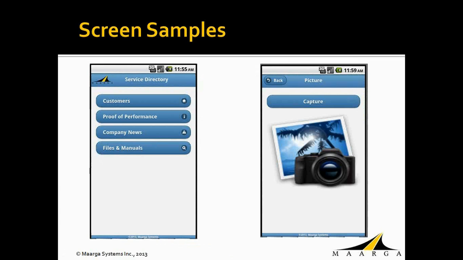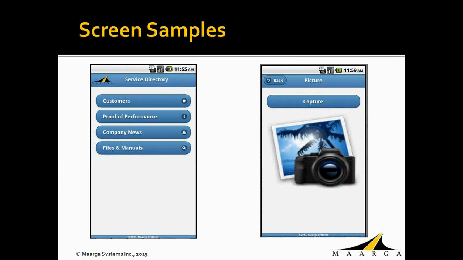Okay. The other thing that we would like the service engineer to do once he gets to the customer's facility would be to click a picture of the product as it stands today, and possibly once he finishes servicing it, maybe he'll want to click a picture again as a proof of performance.